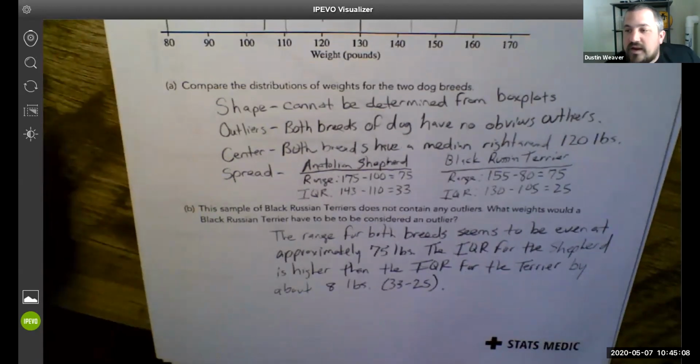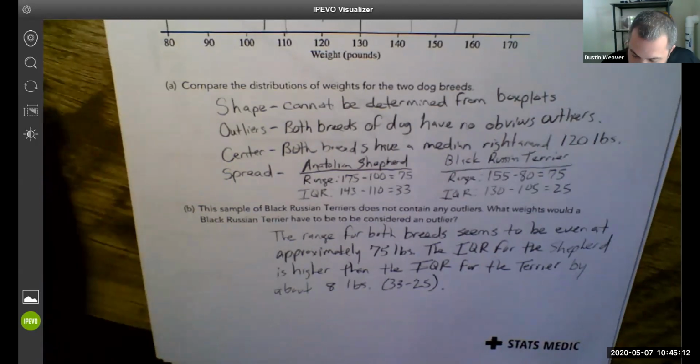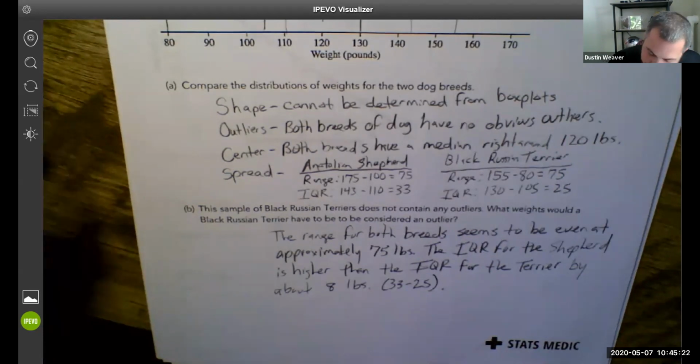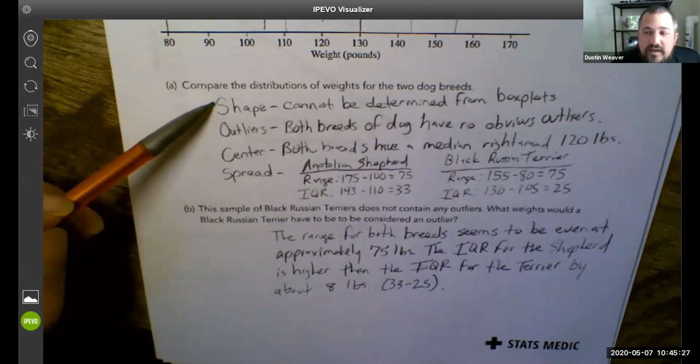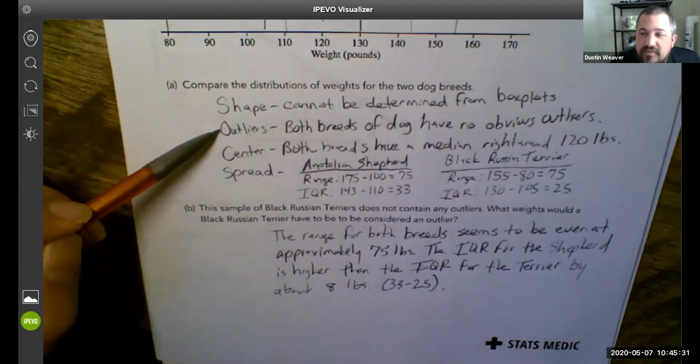Okay. Now remember, in describing or comparing a distribution, you have 4 parts. The first part is the shape. But in the box plots, we can't do shape. So the next part is outliers. We talked about the outliers.